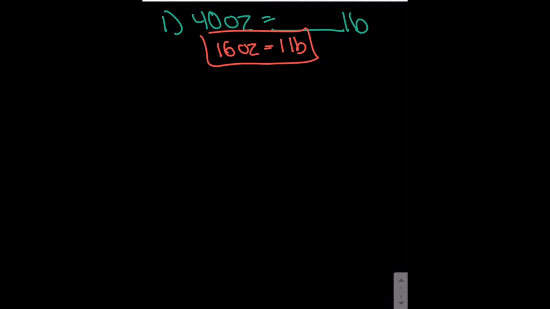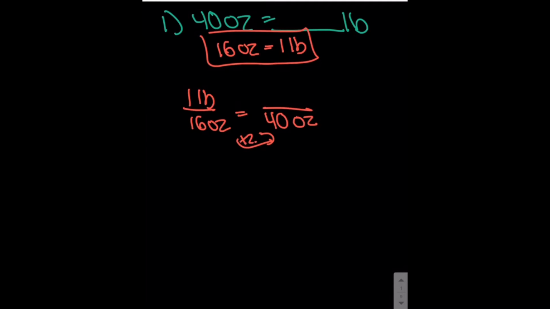The first one is unit rate. So we know that 1 pound is 16 ounces, and I'd do the opposite, so I would flip-flop it. I would do 1 pound over 16 ounces, and I'm going to get to 40 ounces.